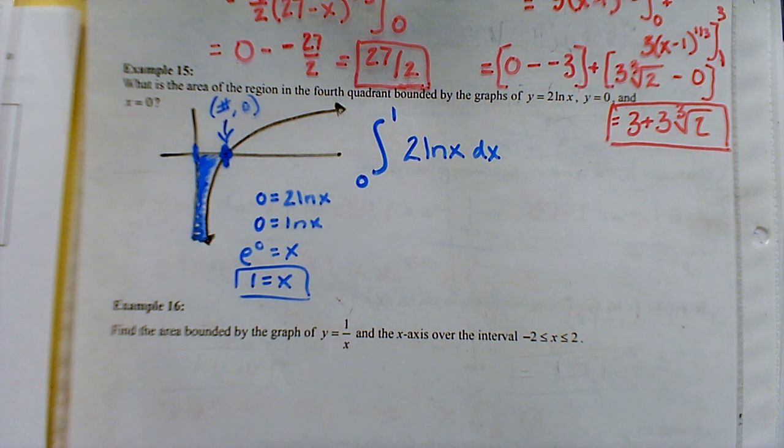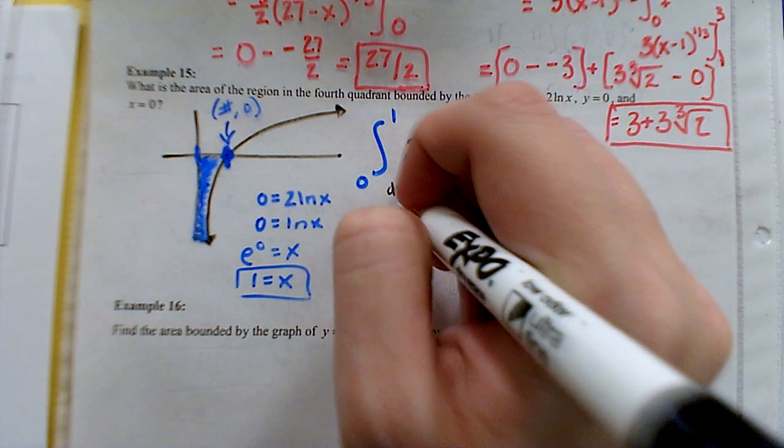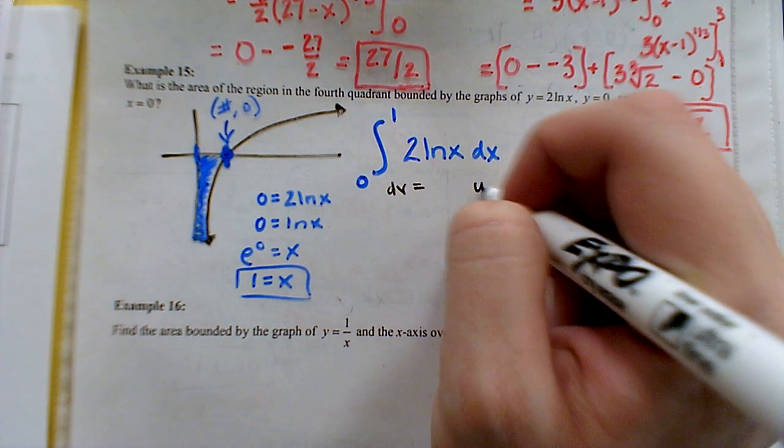U sub, we don't really have an inside quantity. So by parts or partial fractions? We're not really working with a fraction though. Partial fractions, by parts. So let's go ahead and try the dv and u setup.